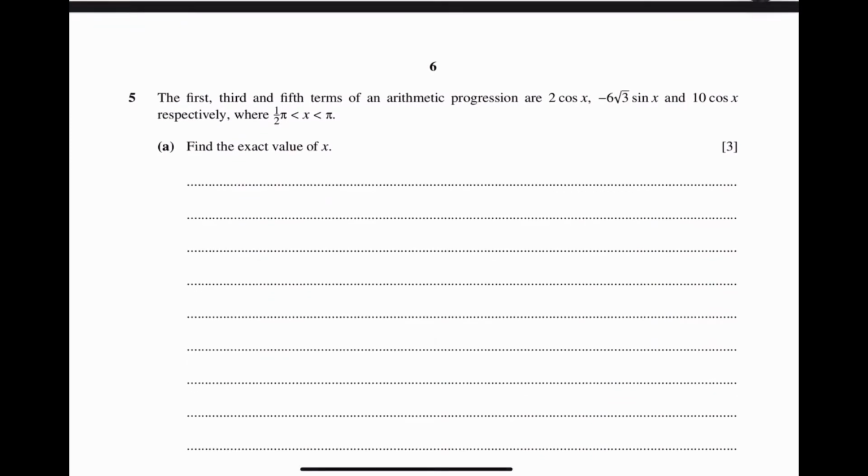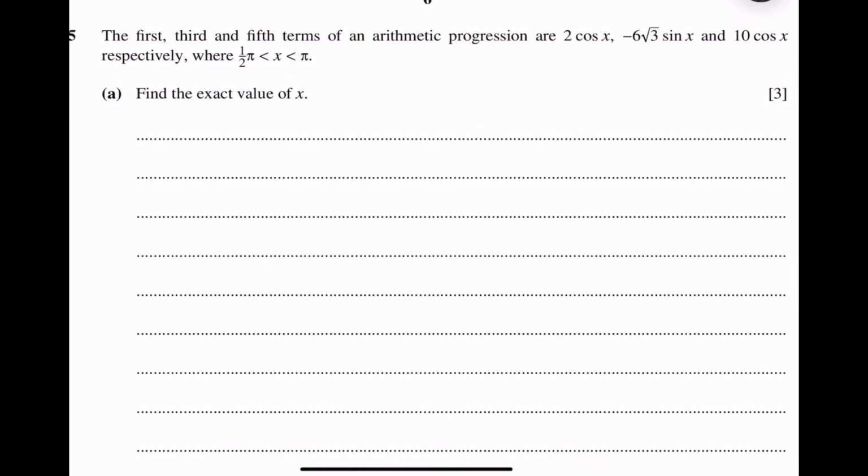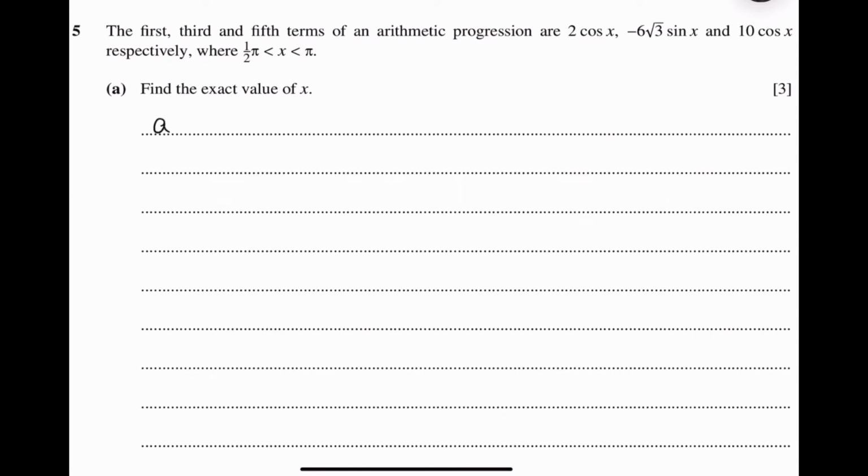Now let us go for question number 5. The first, third and fifth terms of an arithmetic progression are 2 cos x, minus 6 root 3 sin x and 10 cos x respectively, where the domain is defined as half pi less than x less than pi. So the first term is a equals 2 cos x.